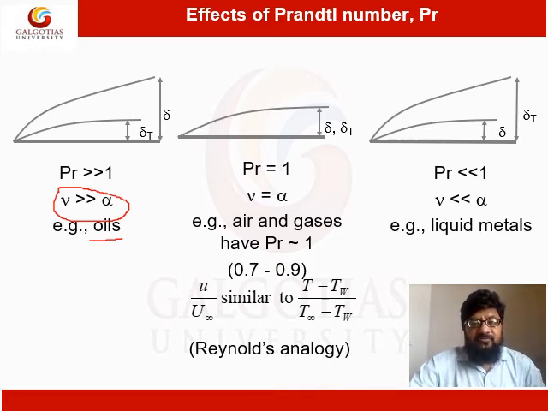If the Prandtl number is 1, both of the boundary layers will coincide, and if the Prandtl number is very small, then the hydrodynamic boundary layer will fall inside the thermal boundary layer. For example, liquid metals, for which the kinematic viscosity is very low compared to the thermal diffusivity. Remember that the thermal diffusivity is k by rho C, that is thermal conductance over thermal capacitance.